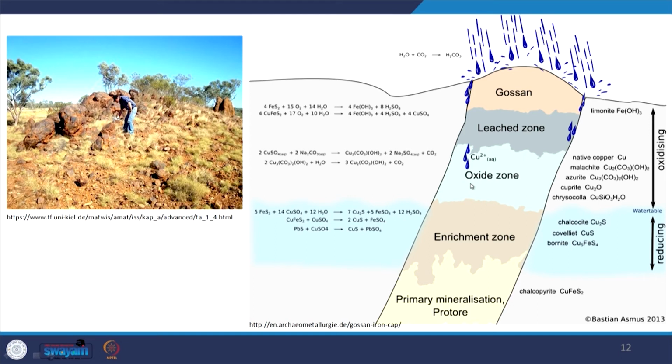And finally, once they reach the water table, they go up to the enriched zone, where sulphide mineralization takes place. And in the oxide zone, some of the minerals get oxidized, and this is the leached zone. That means, here residual concentration is there, and here chemical concentration is there.